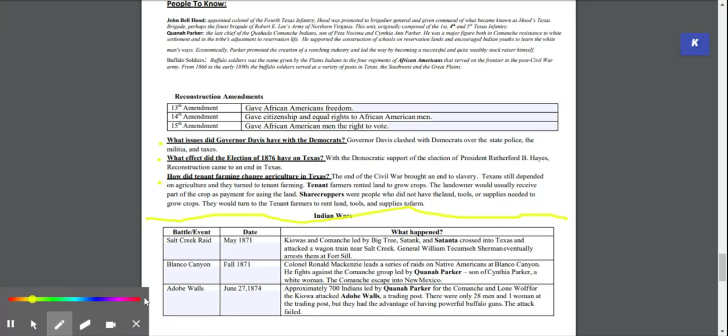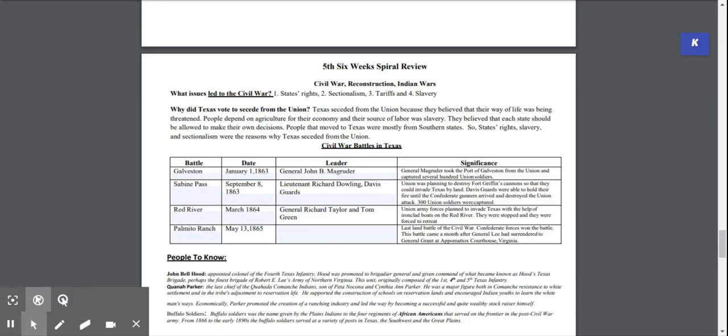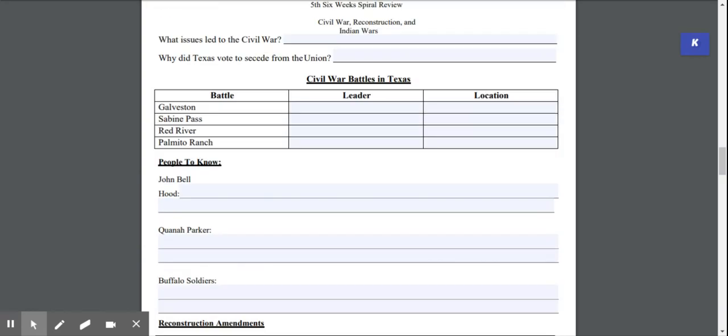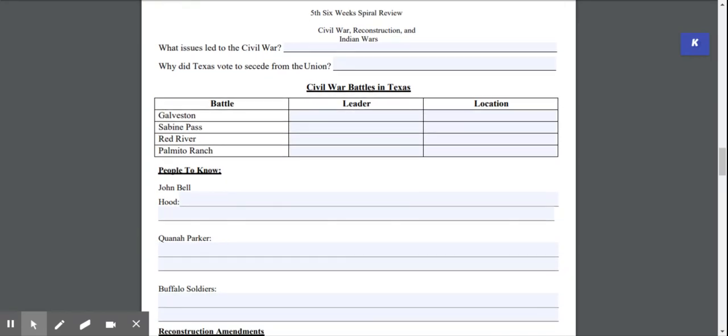Right here, we are going to use all of this section that we just did to complete our first assignment. I want you to go ahead and turn to the page that I'm going to show you so that we may complete this assignment together. Go back and look for the first section in your packet that looks like this.